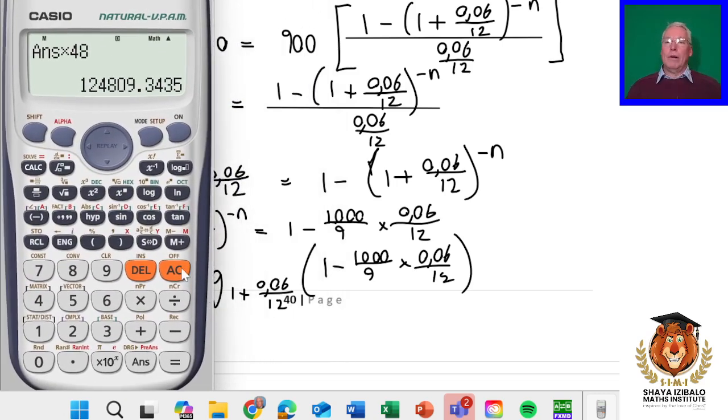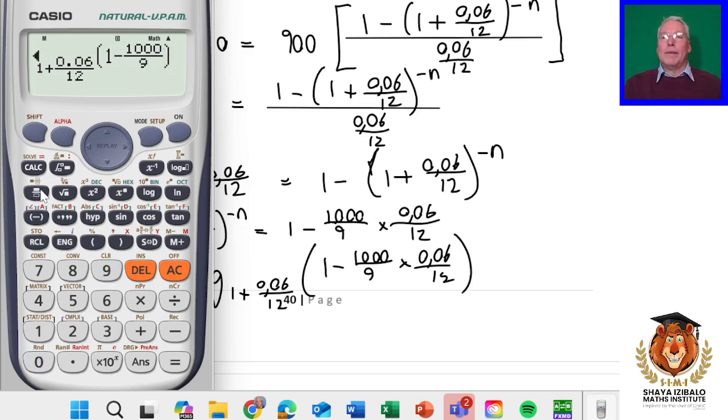So it's going to be log base 1 plus 0.06 over 12, and here we've got 1 minus 1,000 over 9 times 0.06 over 12.